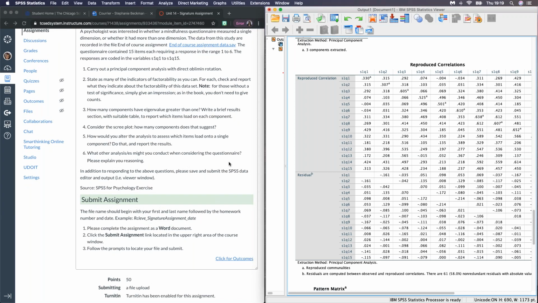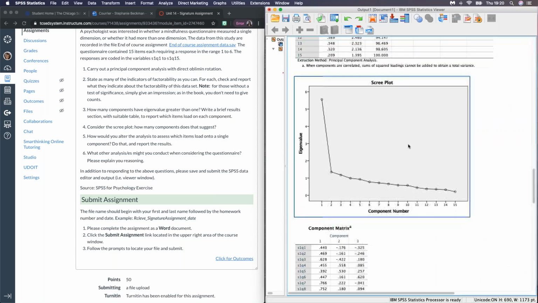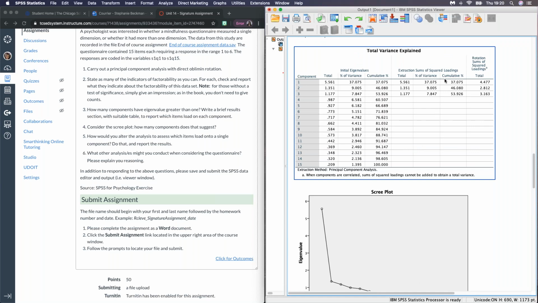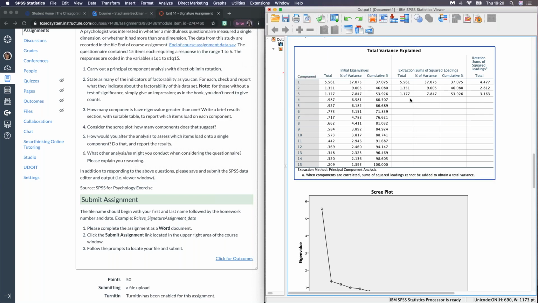Okay, great. So for number 3, how many components have an eigenvalue greater than 1? There are 2 different ways we can find the answer to this question. The first one is this total variance explained. So when we look at this table, earlier on when we were going through the analyze, dimension reduction, factor steps, there was a place where we selected an eigenvalue of 1.